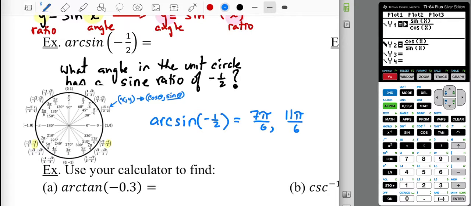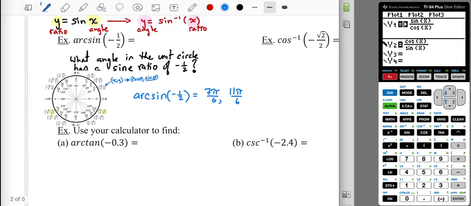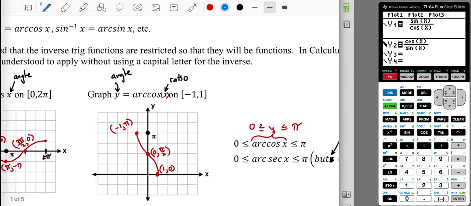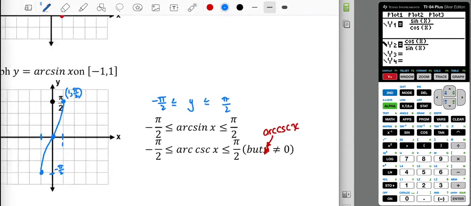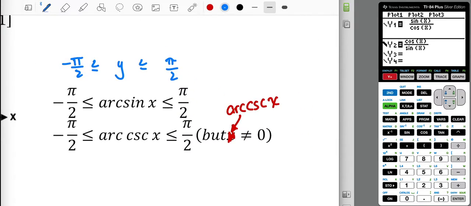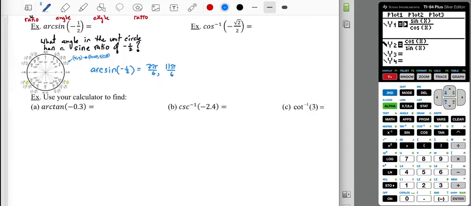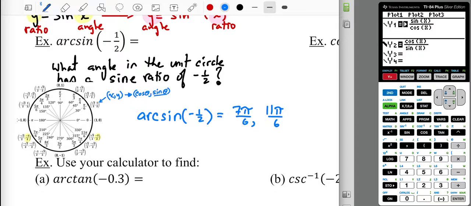Just looking at the sine ratio, the domain has to exist between -pi/2 and pi/2. So does this one exist between -pi/2 and pi/2? The number itself, no. The location, yes.